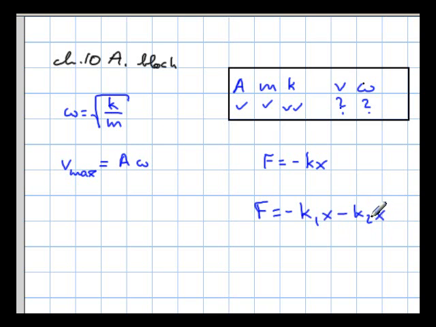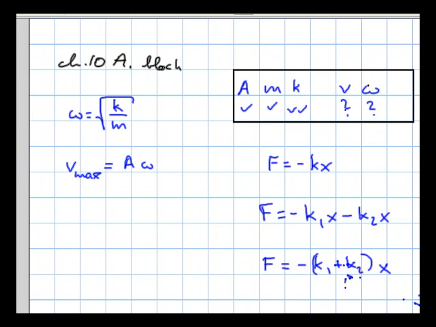But these are two spring forces acting on the block. The x is the same for either one of them because the amount taken out is the same. And now I can write it as such: minus k1 plus k2 in parentheses. Notice I took the k2 in the parentheses, leaving the negative outside, and then I have an x outside.